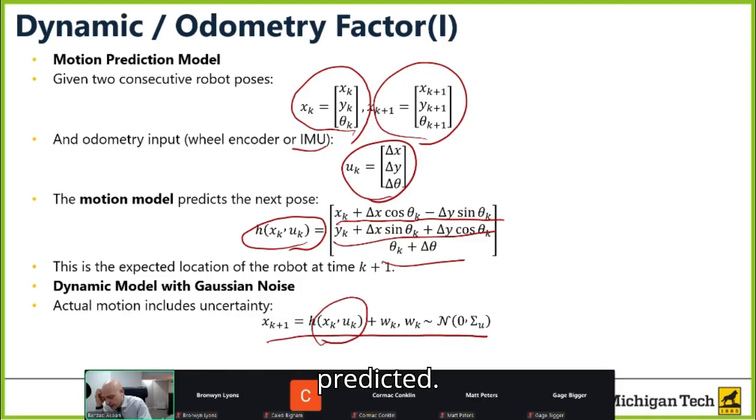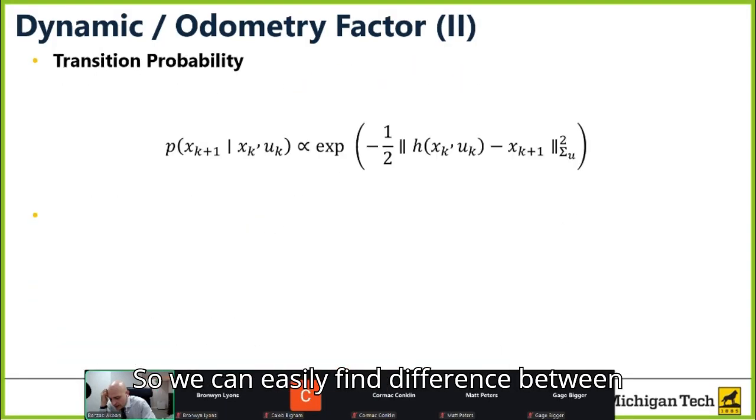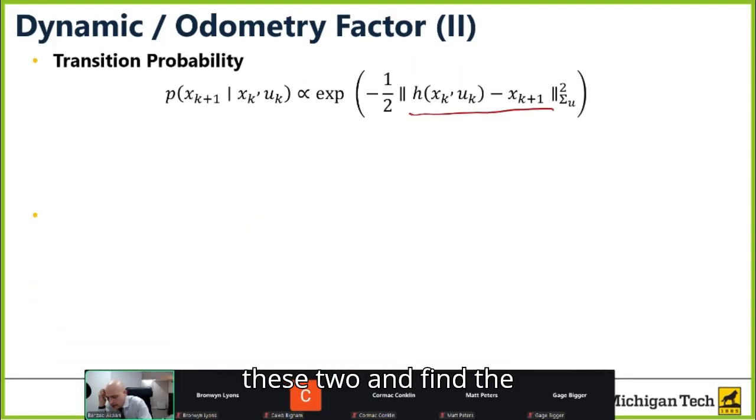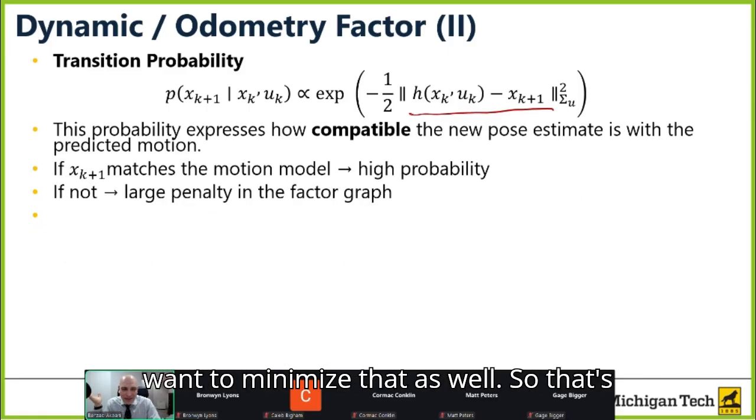This is the predicted pose, and that's the next pose. So we just need to find the difference. We can easily find the difference between these two and find the residual. That's called the residual, and we want to minimize that as well.